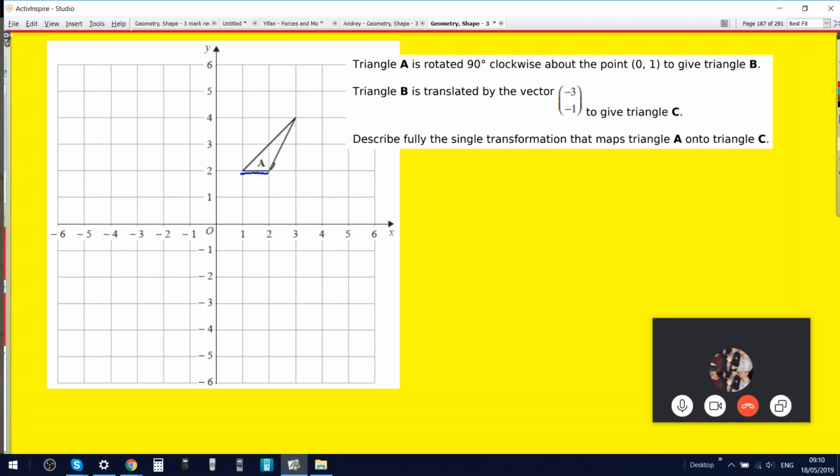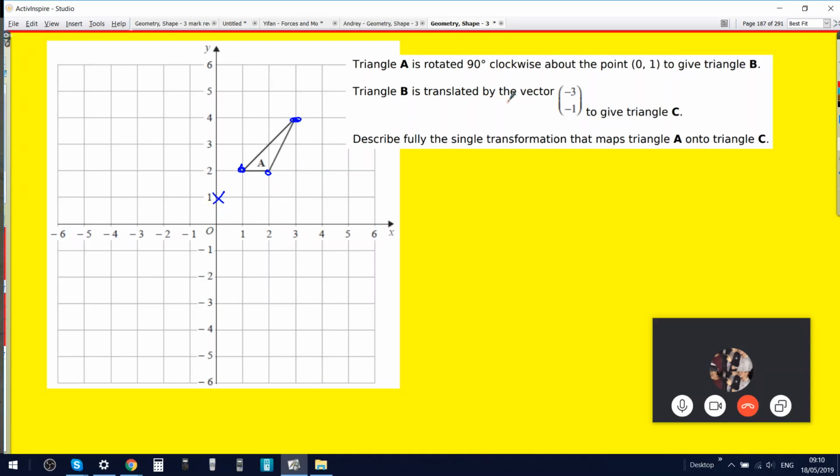You would trace over this shape A. Or let's just say the 3 corners. And then you'd put the sharp part down on 0, 1, and that's where you would spin the tracing paper around. So that goes 90 degrees clockwise.